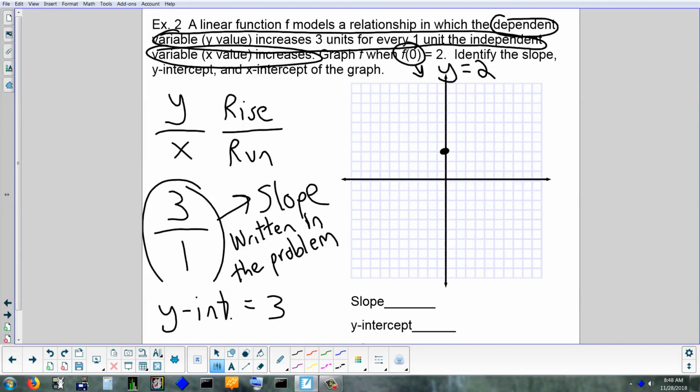All right. From there, Brittany, where am I going to go from there? So I've already used the y-intercept. What's the only thing left I have to use? The y-intercept is done now. There's nothing else more I can do with it.